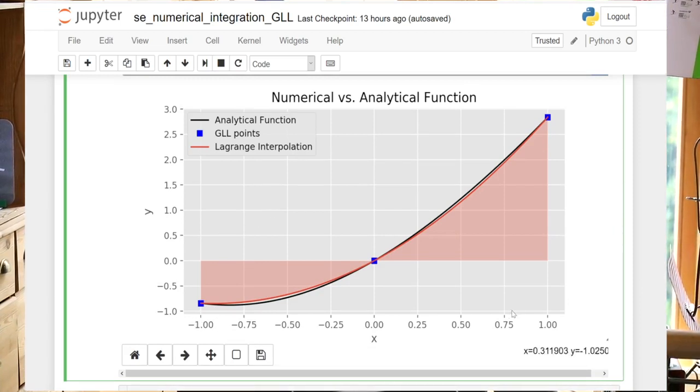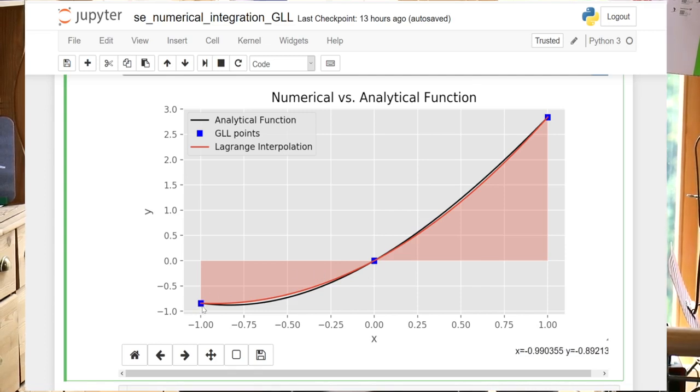Here's the solution to the problem. Now we have space between -1 and 1, and our analytical function is the black line here, and we've interpolated with order 2 polynomials. So we have these two intervals, or 3 collocation points, that are seen in these blue squares here.